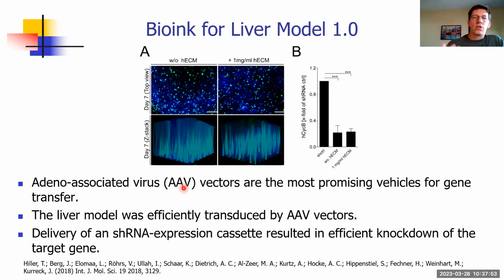So we had an adeno-associated virus that produces GFP as a reporter gene, and we transduced our liver model with the AAV vectors and found a nice and high expression level of the reporter gene. Our AAV vectors also produced a short hairpin RNA, and that mediated 80% inhibition of the targeted endogenous gene, which was human cyclophilin B in our liver model. So these models can be used to optimize viral vector transfer of transgenes or silencing approaches in a three-dimensional setting.